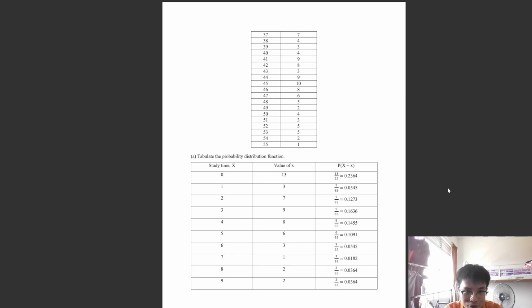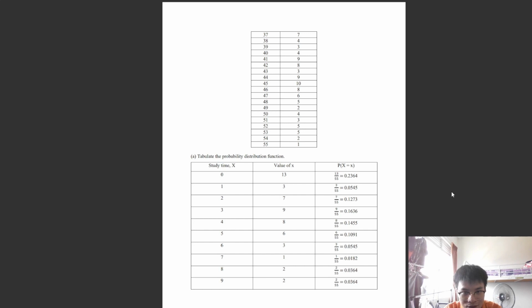So to tabulate the probability distribution function, first the study time s is 0 and the value of s equal to 13. So P13 equal to 0.2364.